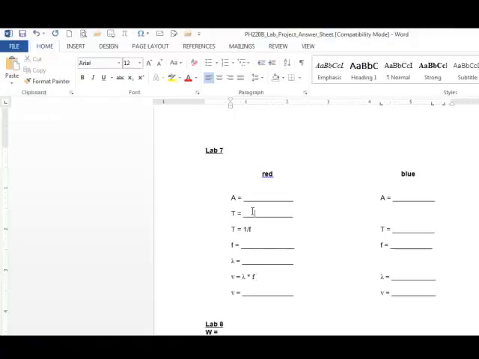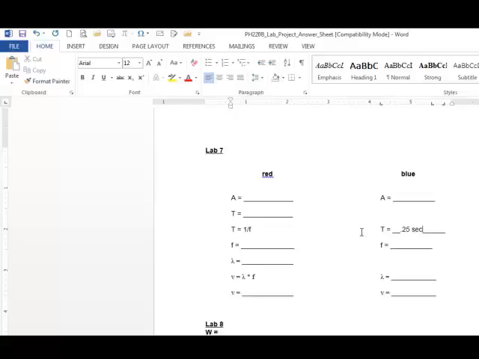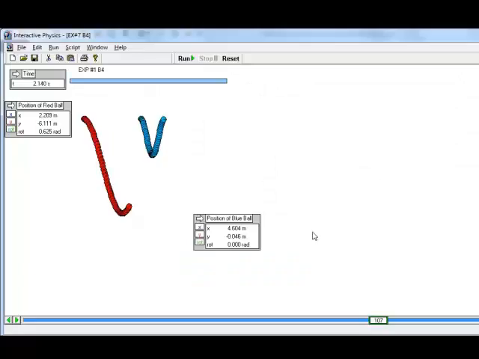You would fill out the value for the period, and let's just say for argument's sake it was 0.25 seconds. Then we know the frequency is 1 over that, so this is going to be 4. Remember, our units for frequency are hertz, or inverse seconds.